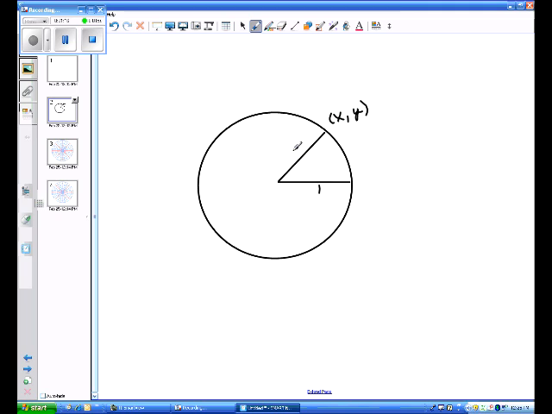And we have our radius of 1, and this is our angle theta. So our point out here is our point 1, 0.